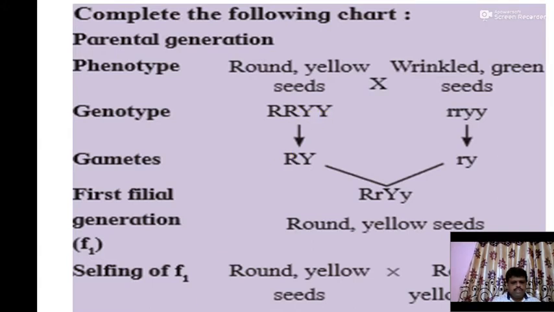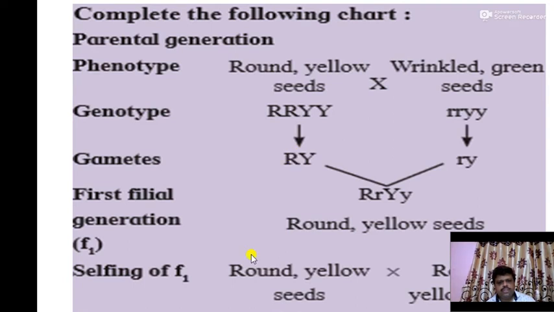In other words, when a dihybrid forms gametes, the gamete assortment, or the distribution of the alleles of different traits, is independent of their original one.